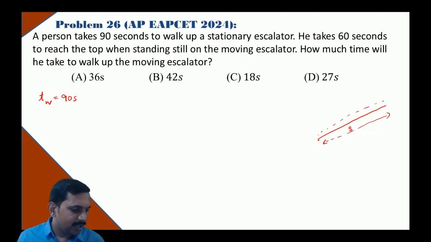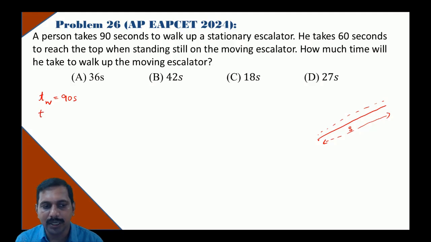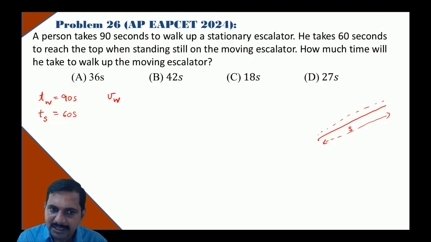And then when he is standing, he takes 60 seconds. Now the question we have is how much time he takes when he is moving in the moving escalator. That means when he is walking, he may have a velocity Vw, and when he is standing still, velocity Vs, right?